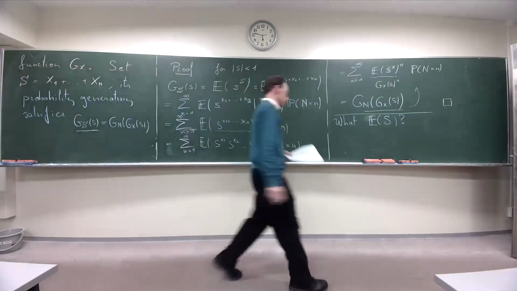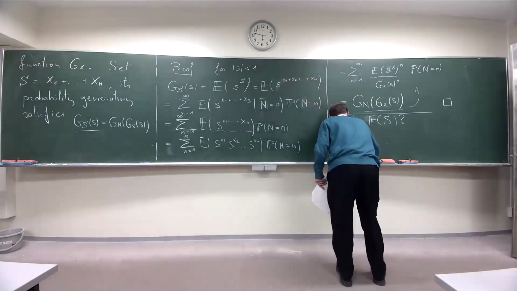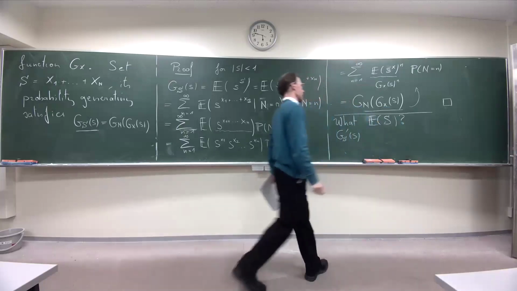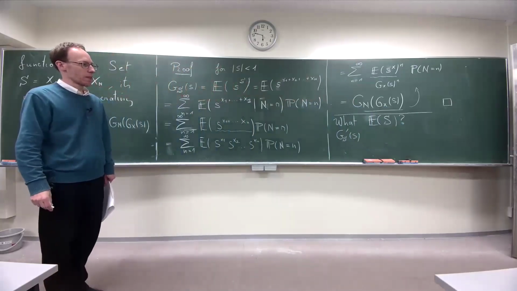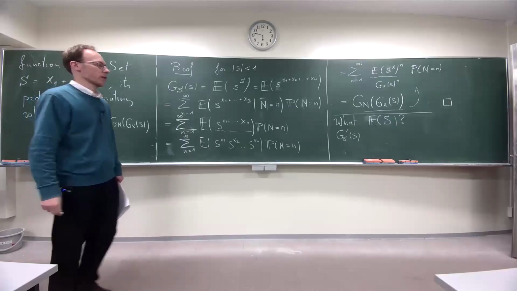We are going to use what we have seen just before. So I'm going to compute this. What is the derivative of this function? For s smaller than 1, I can always do it.